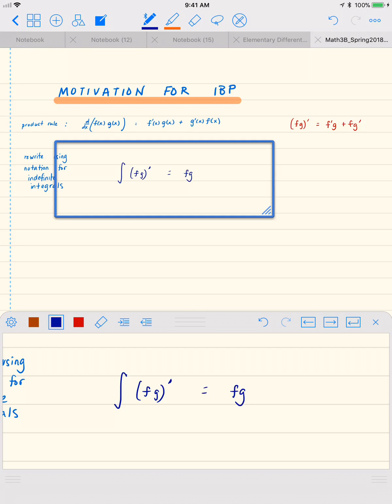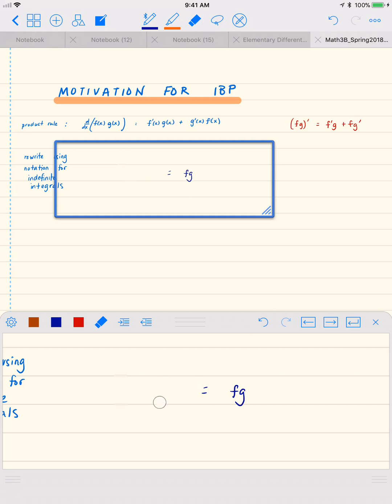Because that's what this notation means. It means whose derivative is the integrand. And if the integrand is already a derivative, then the operations are canceling each other out. So this is the idea of what we're doing.